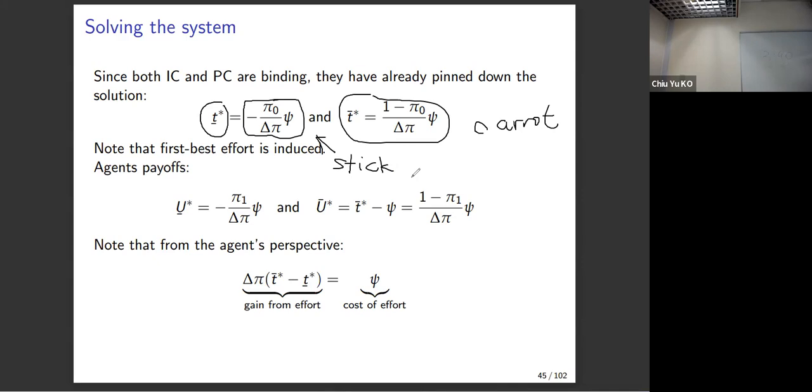Of course, as an agent, the average is 0, because remember the PC condition, right?